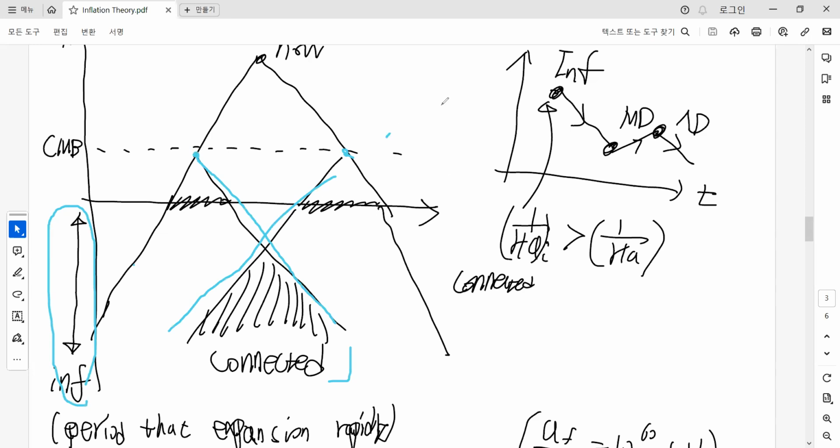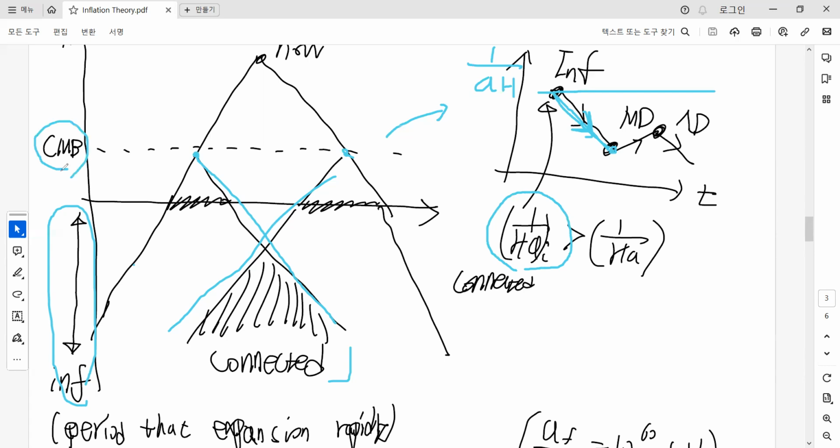In the Hubble horizon evolution, 1 over aH, inflation behaves similarly to dark energy, so the Hubble horizon size decreases during the inflation stage. So we can expect that the horizon size was large at the initial condition, and it should be larger than in the previous case to explain the CMB correlation.